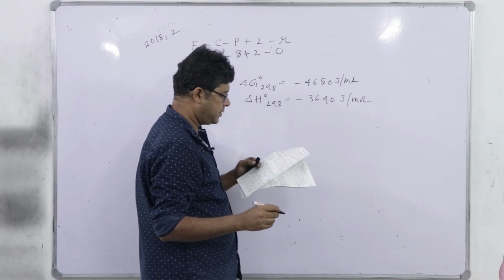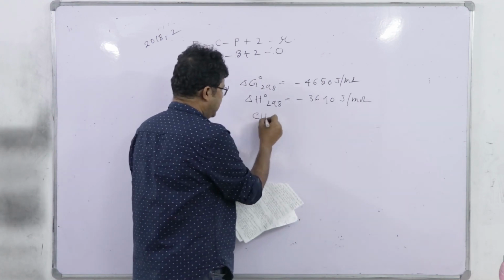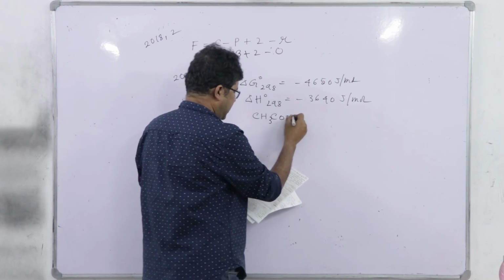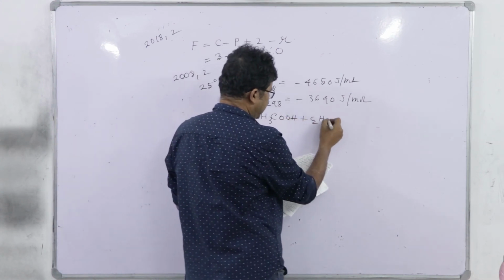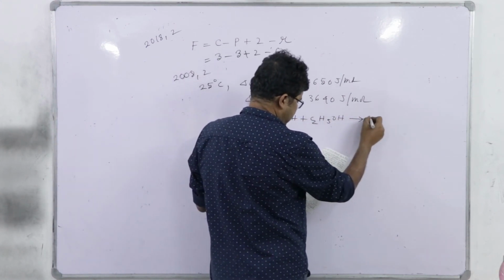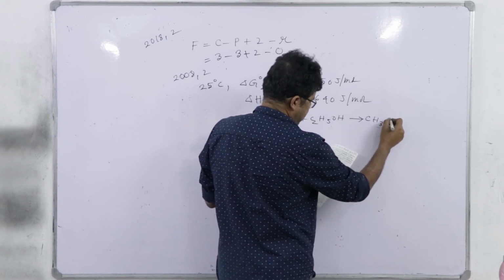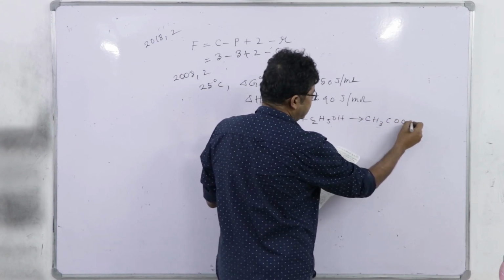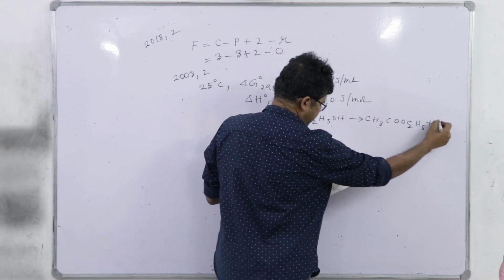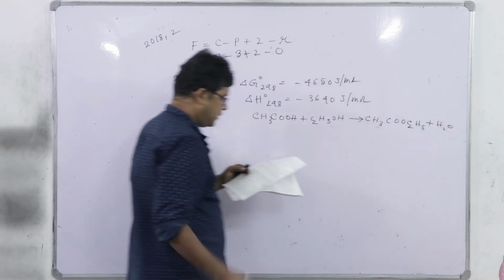Right. For the reaction, CH3COOH, the acetic acid, reacting with ethanol giving CH3COOC2H5 plus H2O. So what is asked?